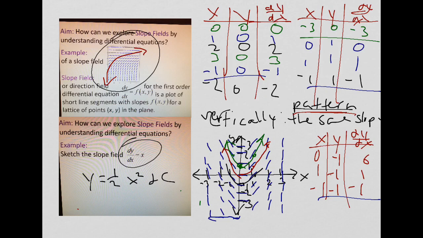So depending on what your initial value is, depends on where your parabola is falling, okay? So if let's say it was at 0, 1, it would be the green parabola that I was trying to draw in here. Okay, and so it would be y equals 1/2 x squared plus 1, and, well, you can see it is indeed that green one.